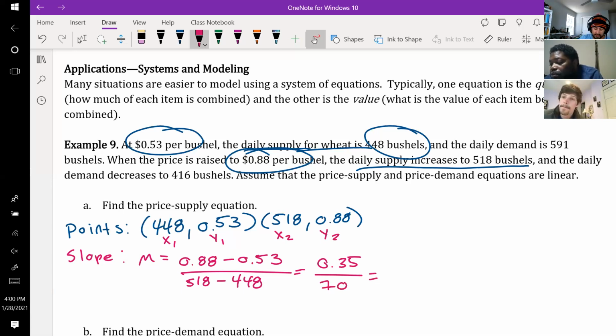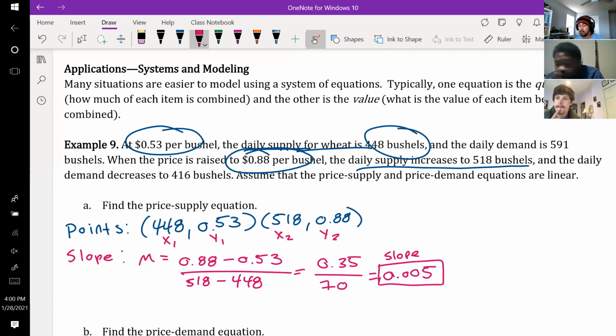And then we're going to go ahead and divide these two. 0.35 divided by 70 is 0.005. And this is our slope.